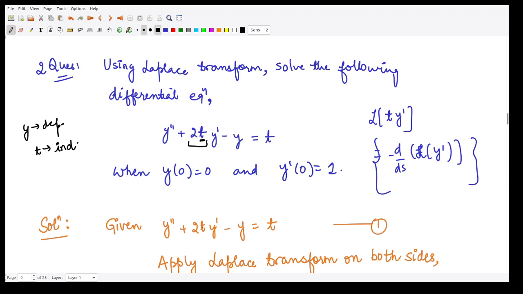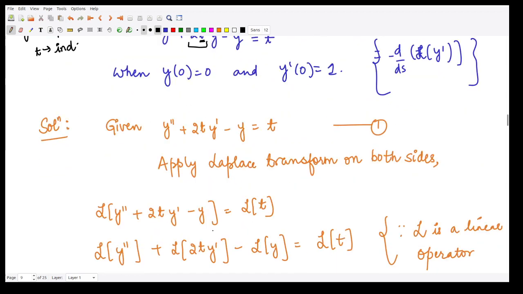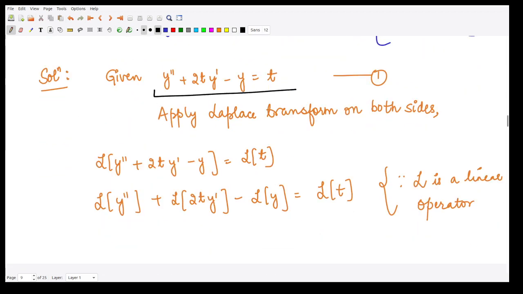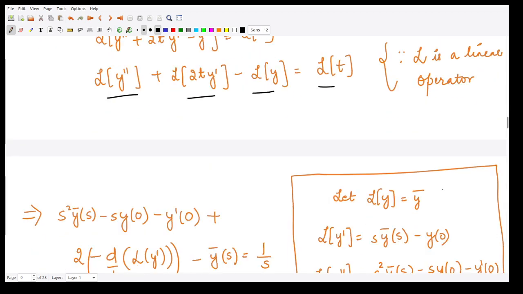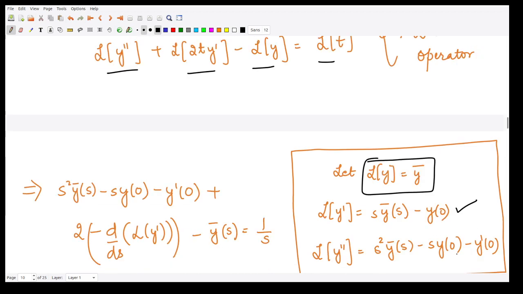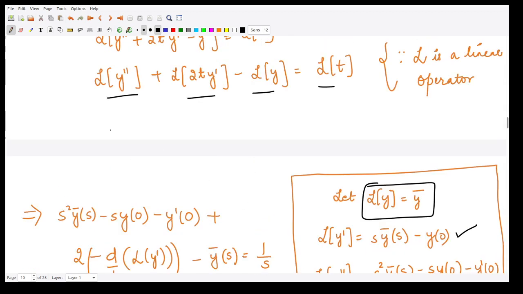When you take the Laplace transform of this equation on both sides, basically we are taking the Laplace transform of the individual terms because this is a linear operator. Then we know if you define the Laplace transform of y to be y bar, its first derivative is given by this expression, this you already know, and the second derivative is given by this expression, and so we can substitute these quantities in place of the functions.